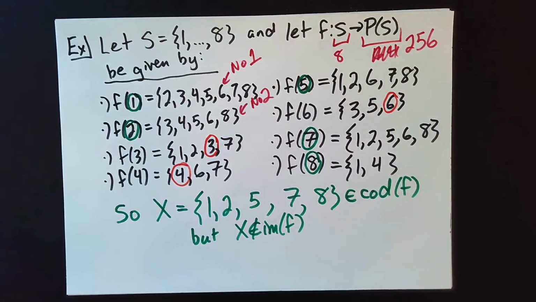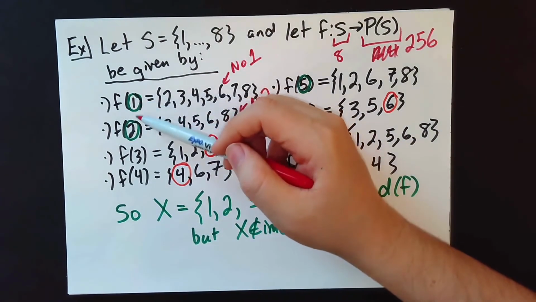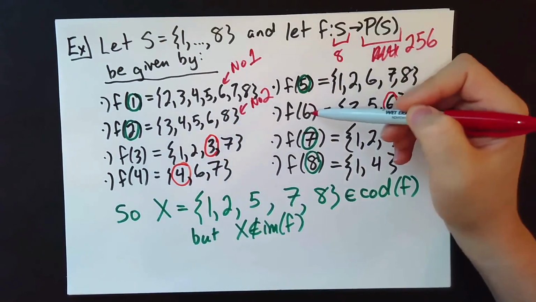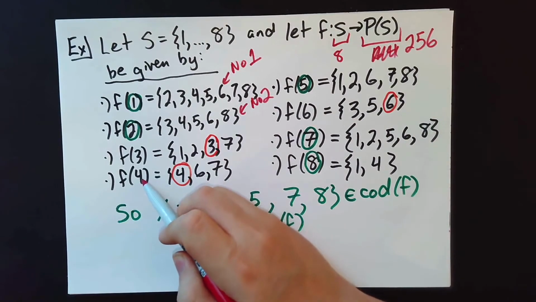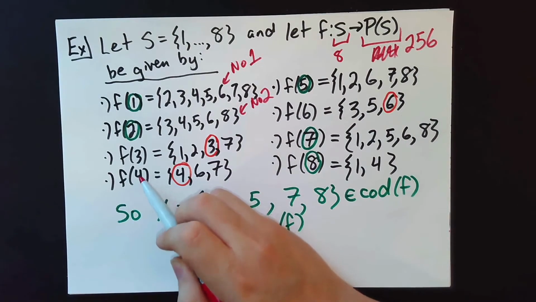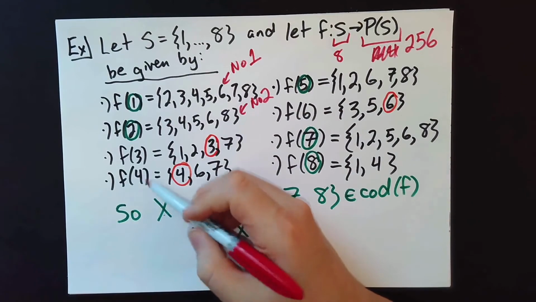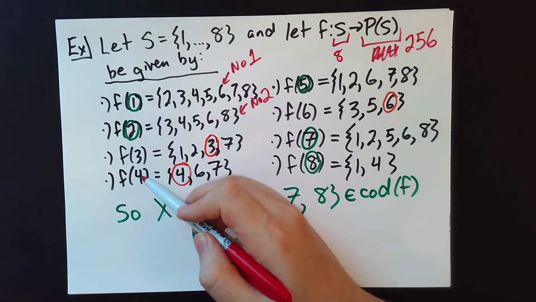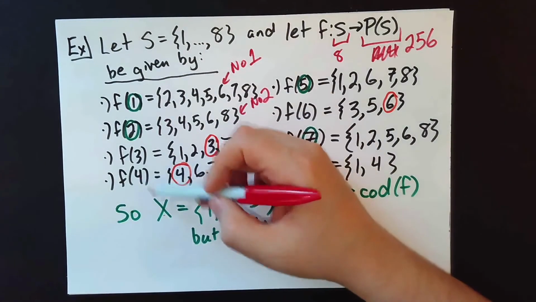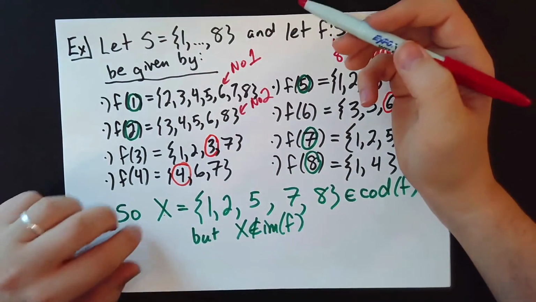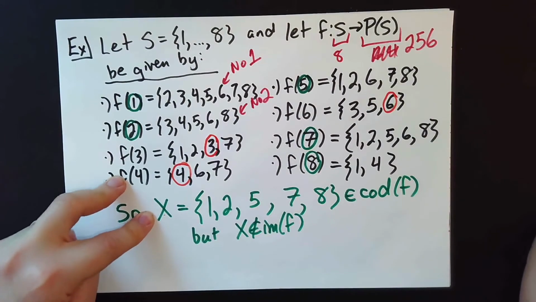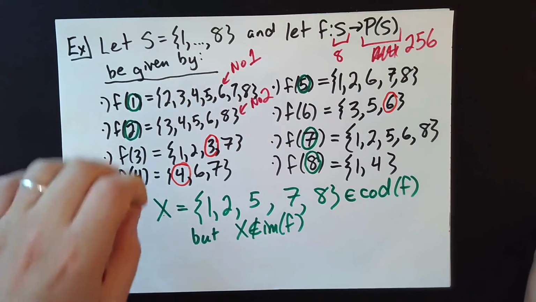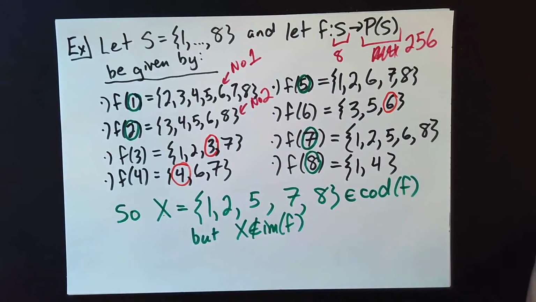And so actually, I can always see that f of a particular element is not equal to X by just looking at that element, because I have rigged it by my definition of X, so that X and f of that element always disagree on whether they contain that element. That is, of f of 4 and X, exactly one of them contains 4, so they can't be equal. Of X and f of 5, exactly one of them contains 5, so they can't be equal.